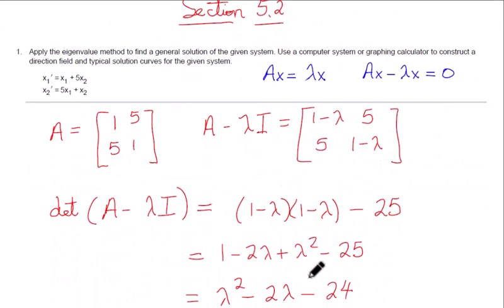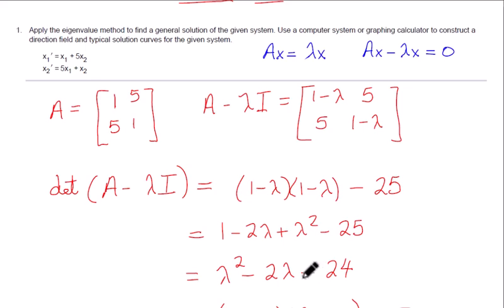So, in question 1 here, we are given this system of differential equations, and we're going to form matrix A. Matrix A here is 1, 5, 5, and 1.